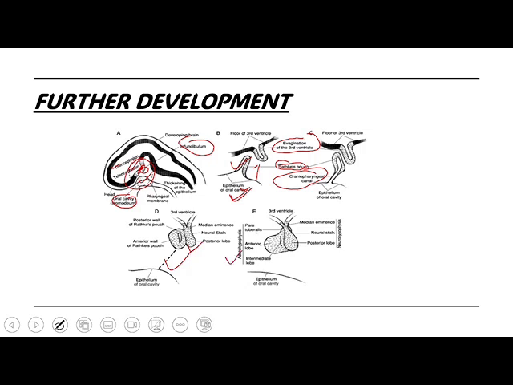You can appreciate the anterior lobe or pars distalis and the intermediate lobe, that is pars intermedia, and in between you can see there is the intraglandular cleft or the hypophyseal cleft. And next is the neurohypophysis, which has been developed from this evagination of the third ventricle or the infundibular process.